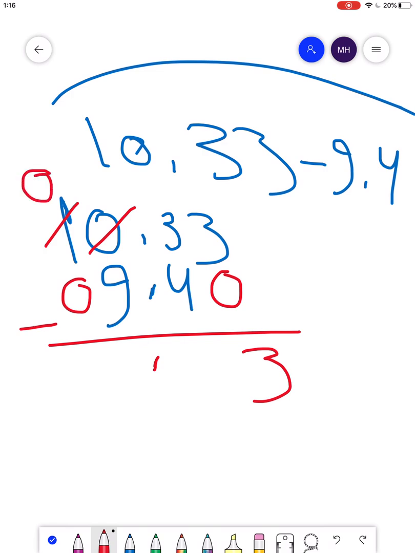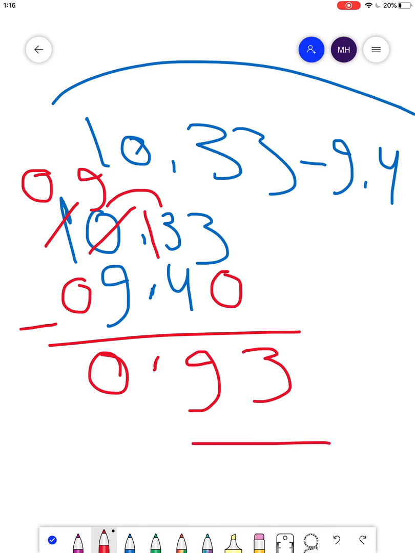Now I'm regrouping, this becomes 10, but we give 1 to the 3, it becomes 13, and this becomes 9 because it became 10, then we take one from it, it became 9. Now 13 minus 4 equals 9. Now 9 minus 9 equals 0. So the answer is 0.93.